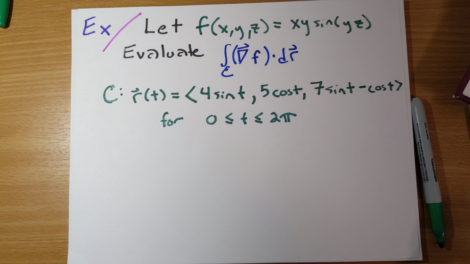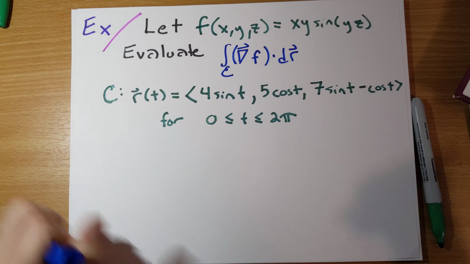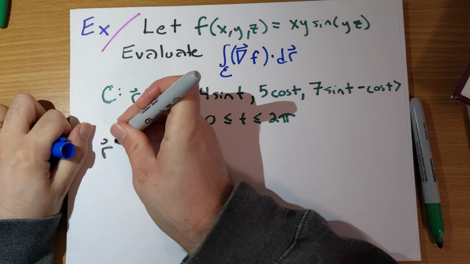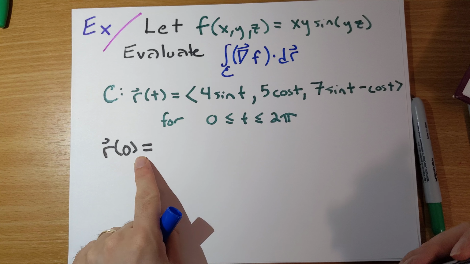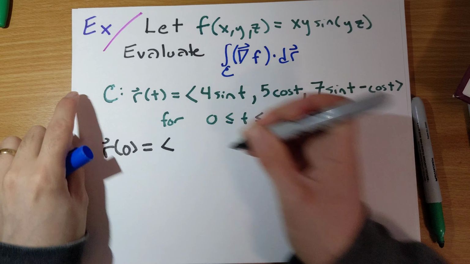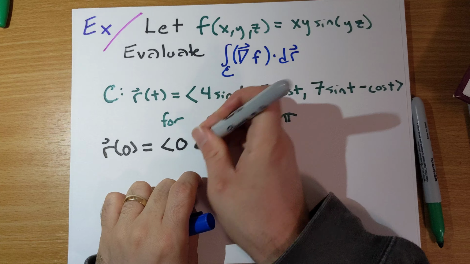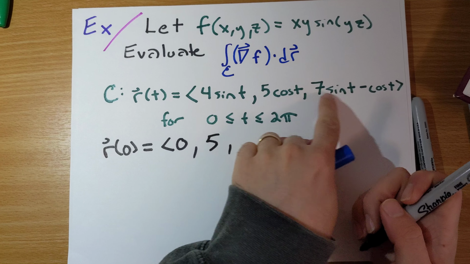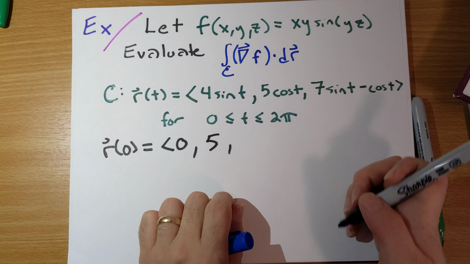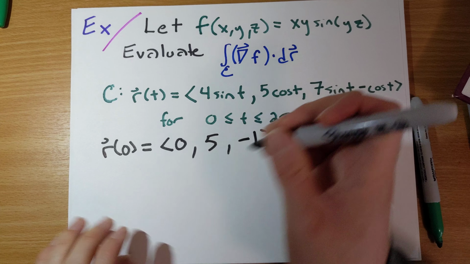We just have to realize two facts. Fact number one is that this is giving us a closed loop. r of 0: 4 times sine of 0 is 0, 5 times cosine 0 is 5, 7 times sine of 0 minus cosine 0 is negative 1.